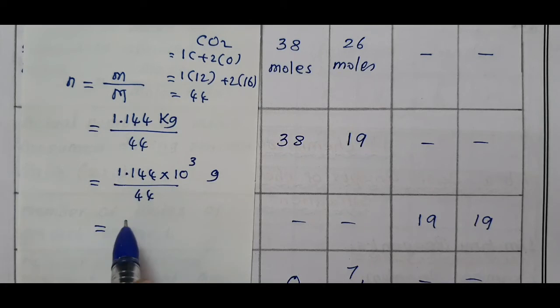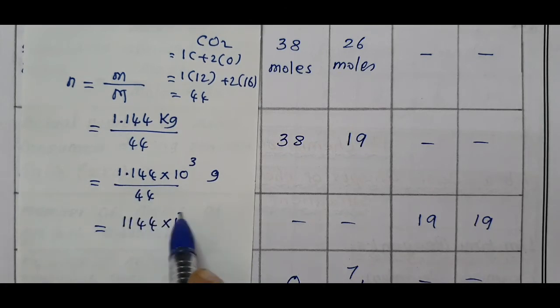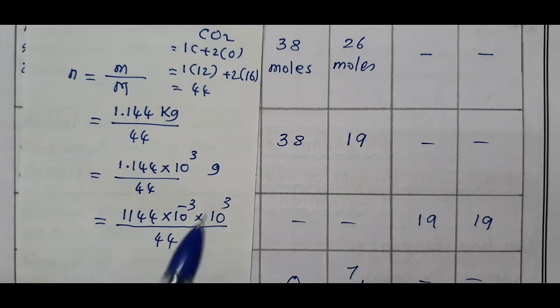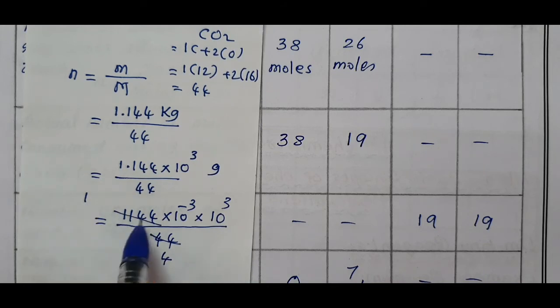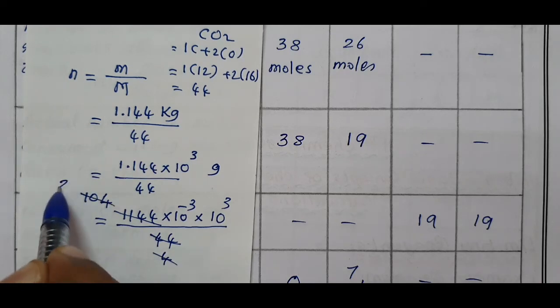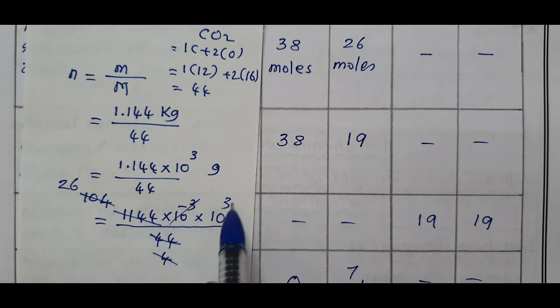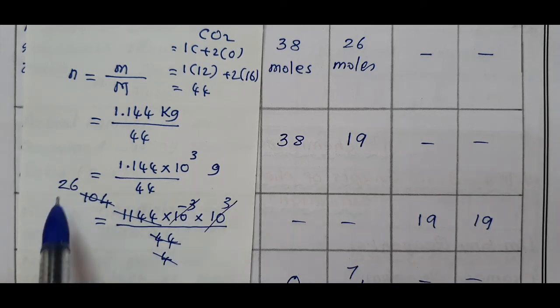Now convert this value into the whole number: 1144 into 10 power minus 3, already we have 10 power 3, divided by 44. By easy cancellation, 4 11s are 44, 1 11 is 11, 0, 44, 4 11s are 44. 1 4 is 4, 2 4s are 8, remaining 2, 24, 6 4s are 24. 10 power minus 3 and 10 power plus 3 get cancelled.